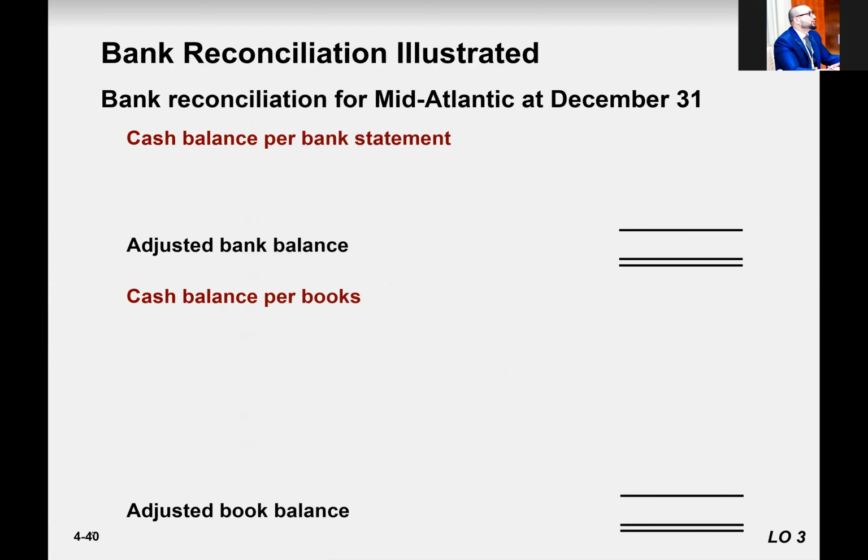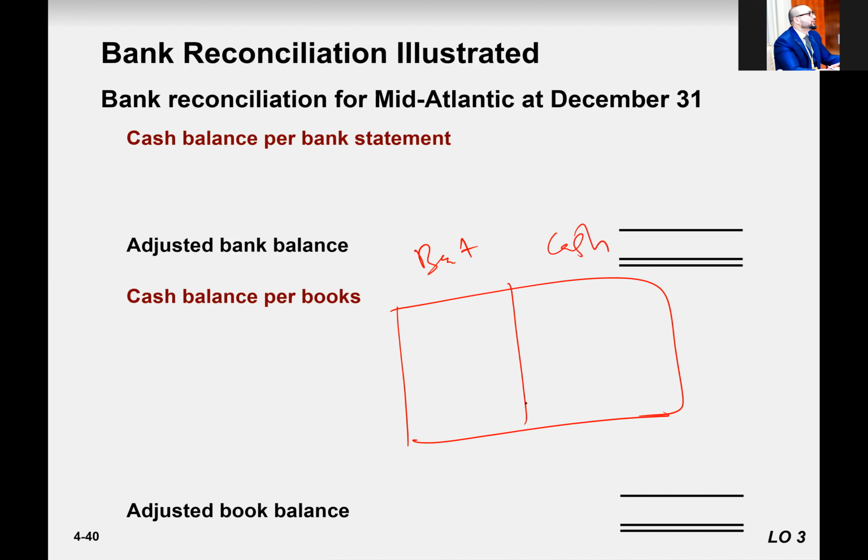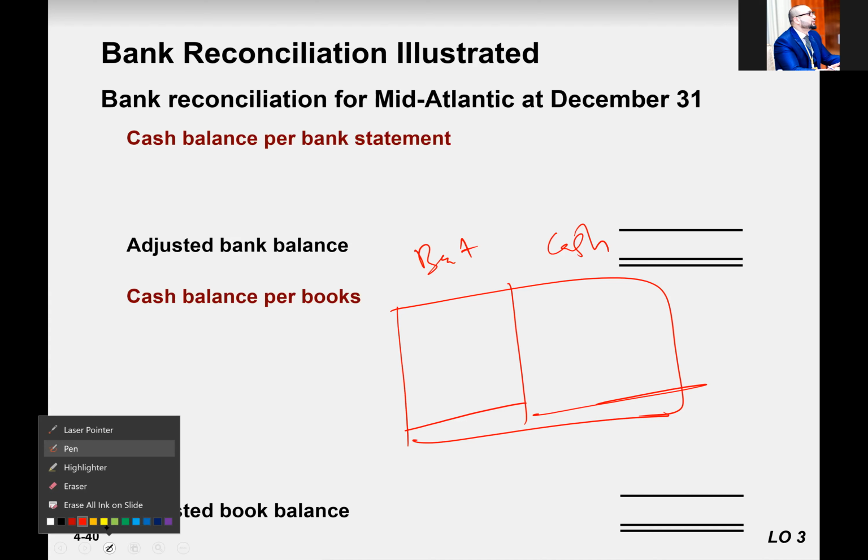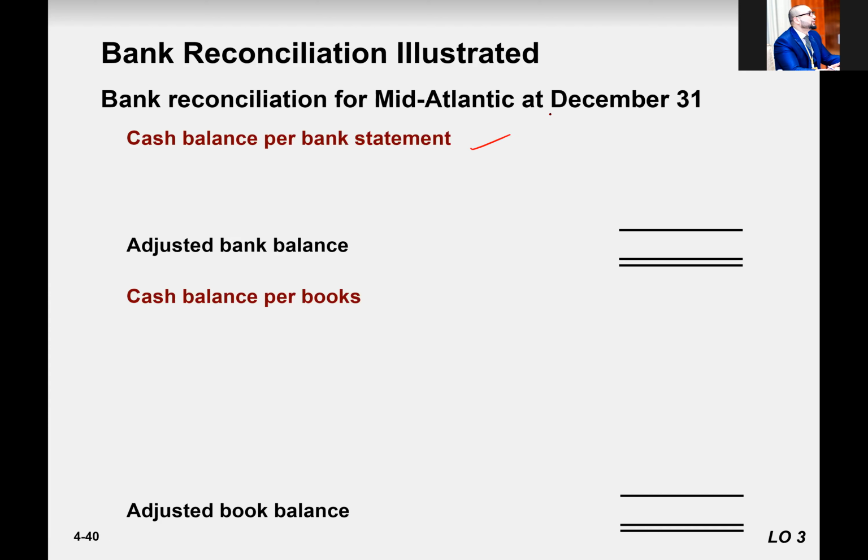So what is the procedure here? There are two methods to do that. One is the statement method, one is the account method. In the account method, you make it like this. This is the bank side, this is the cash side, and at the end it tallies. This is the statement type, in which you write it down like a balance sheet statement.